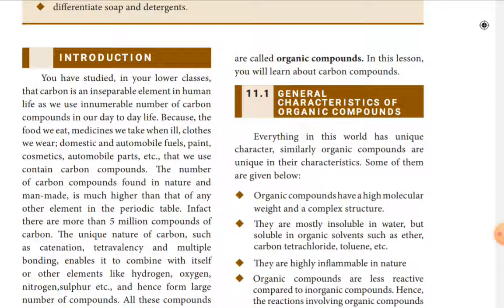And these compounds are made of only covalent bonds.